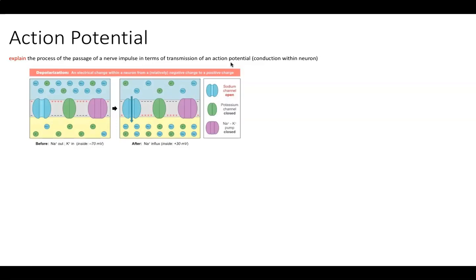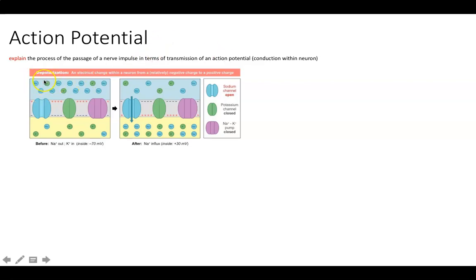It refers to a sudden change in that potential that I was just talking about, from a relatively negative environment on the inside to now a very positive change. And what happens, it's in response to this sodium channel that opens.